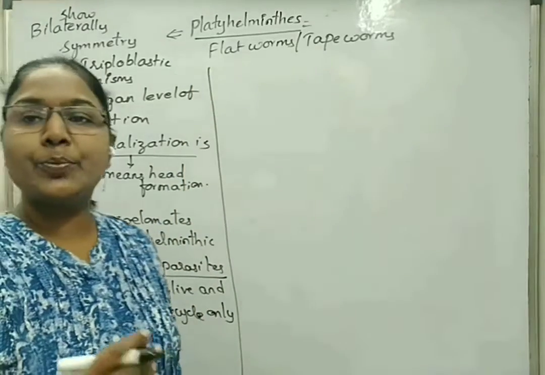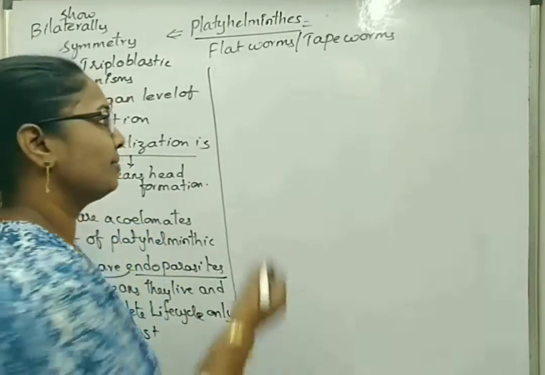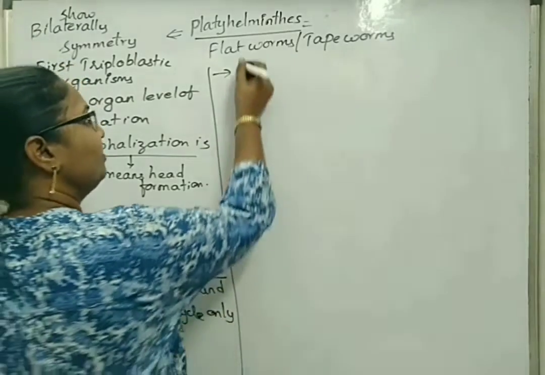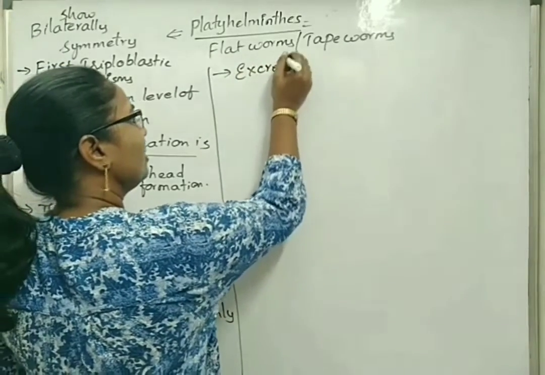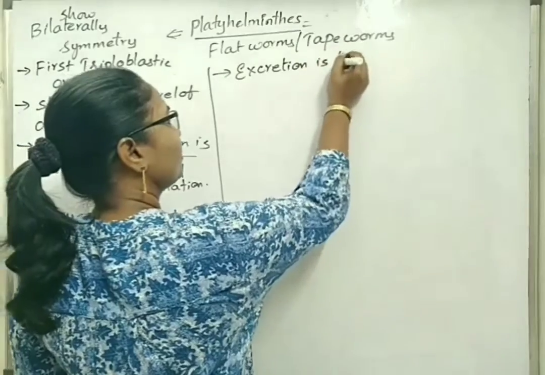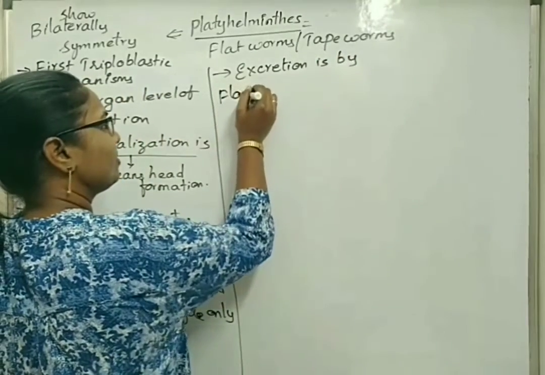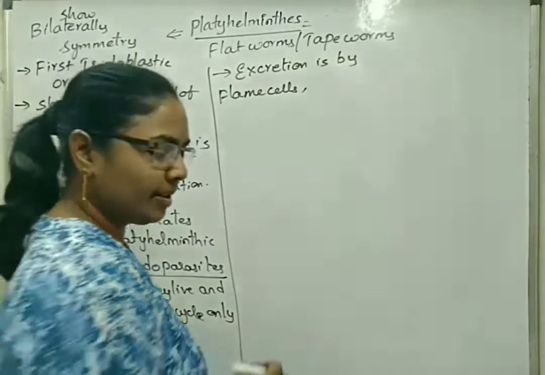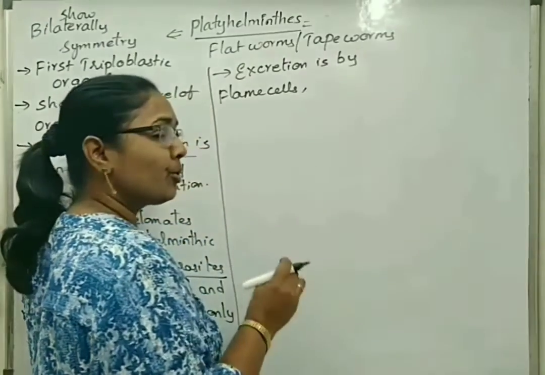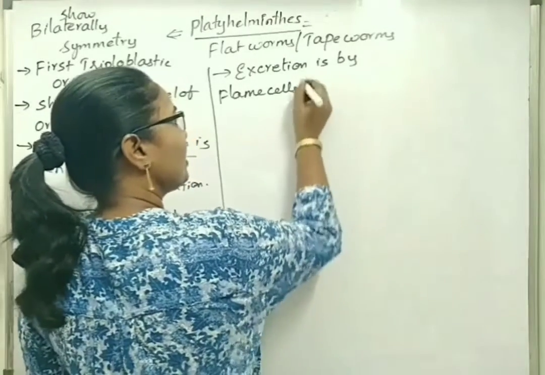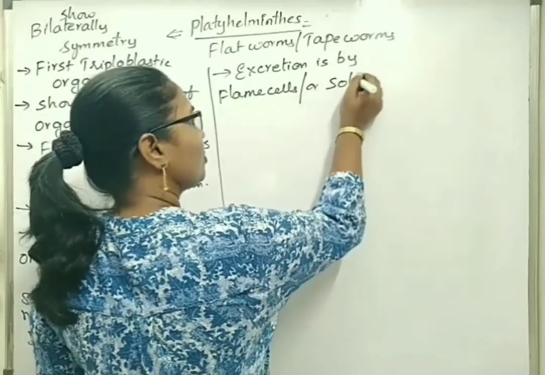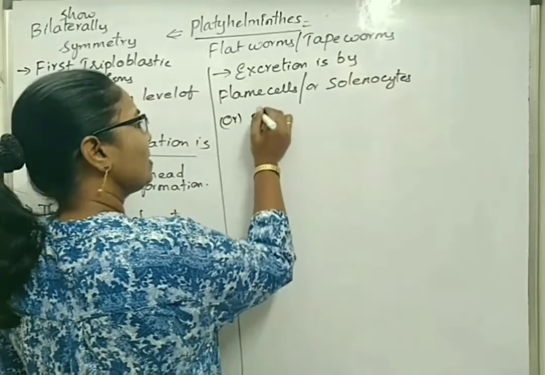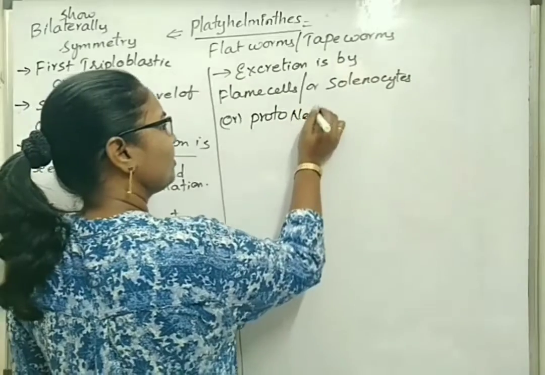Excretion is done by special cells called flame cells, also called solenocytes or protonephridia.